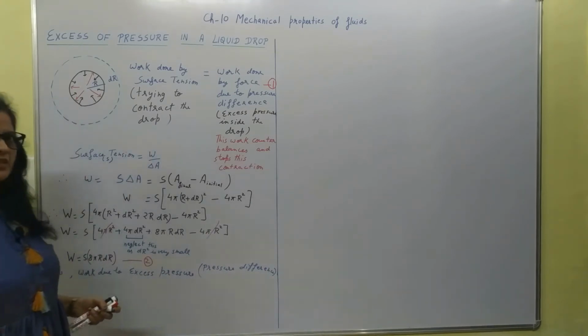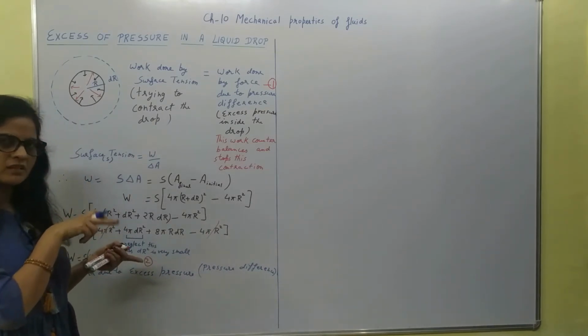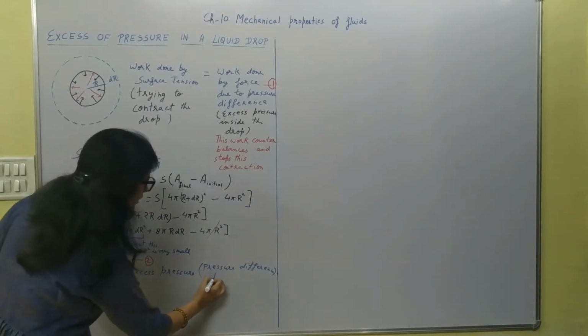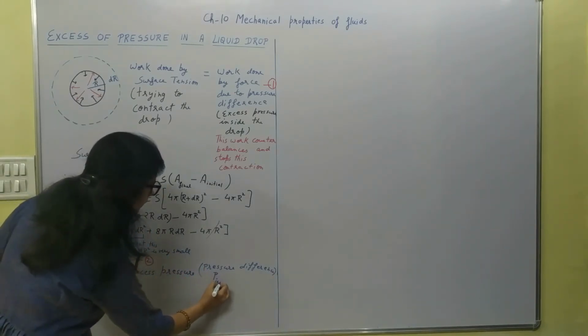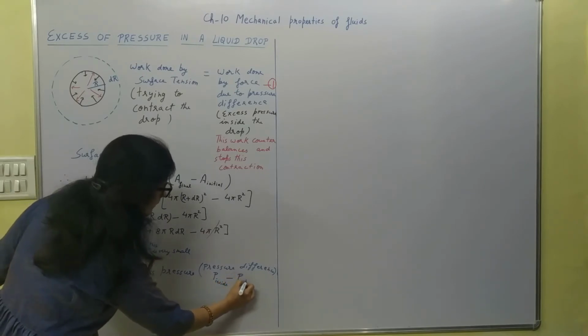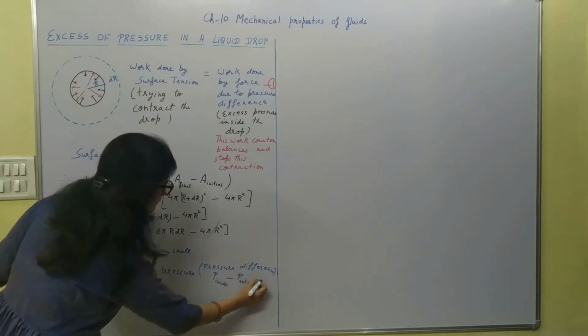And this pressure difference, we know that the pressure inside is more because pressure on the concave side is more. So I can write pressure inside minus pressure outside the drop.